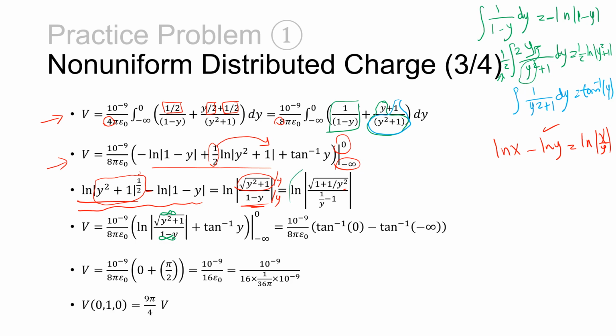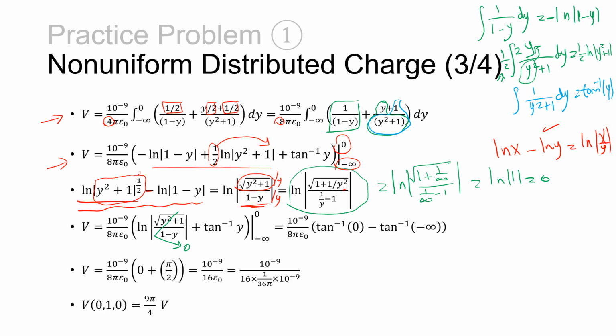But if you use this form here, you will find this is equal to ln of the root of 1 plus 1 over infinity over 1 over infinity minus 1, which means just ln 1 again, which is 0. So at the end, this ln term will not bring anything except 0.